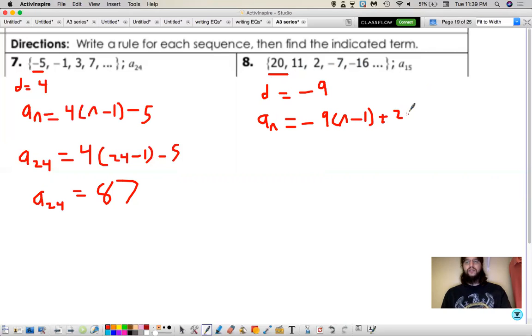It's a positive 20, so I'm going to stick that in there. And I can check. If I plug in 1, that's 0 plus 20, which is 20. And then negative 9 plus 20 is 11. It works.